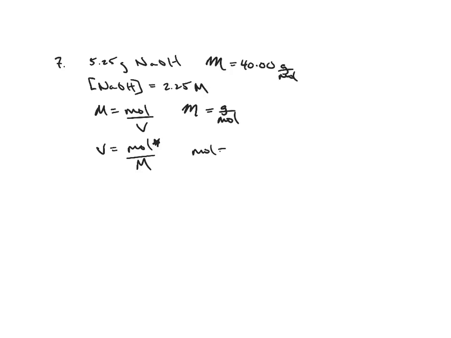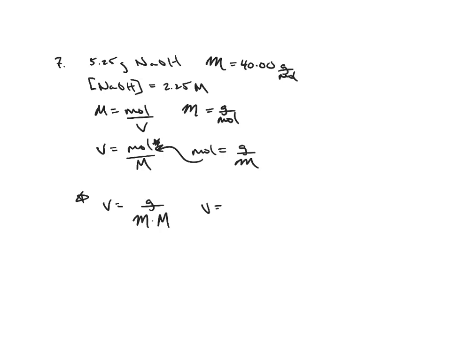So moles are grams over molar mass. And we're going to plug that in here. And we're going to have V is equal to the mass divided by the molar mass times the molarity. And that's going to be true for 7 through 12. They're all going to be solved using that.